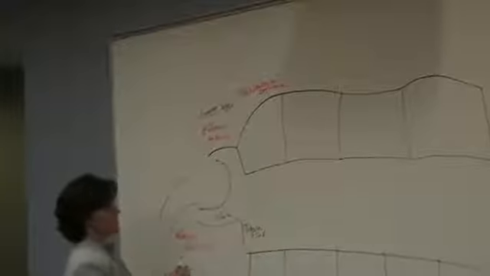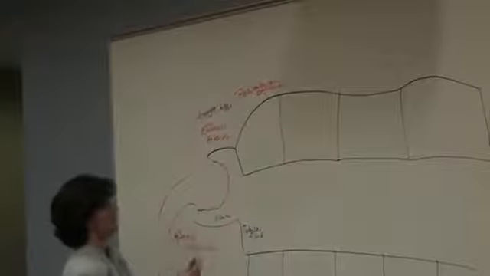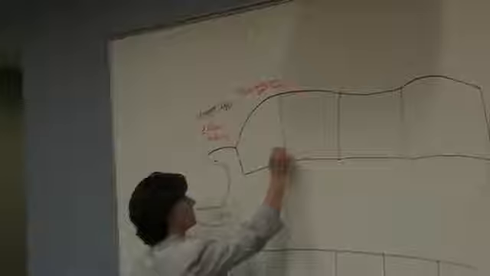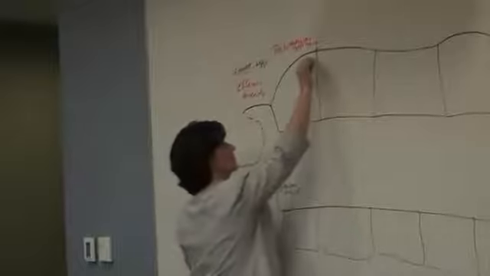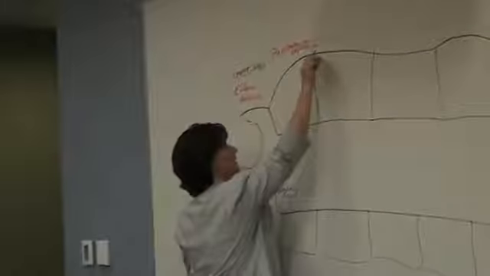There are two ways that substances can move between these cells or across the cells. If it goes between the cells, which we're not going to talk about too much, because it goes beside the cell, this movement is referred to as paracellular.